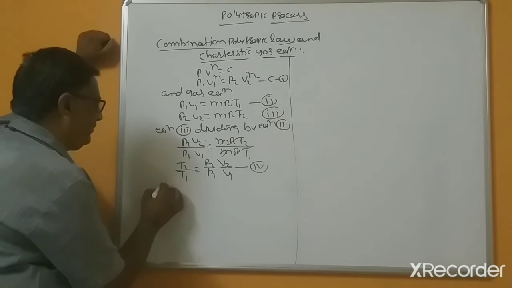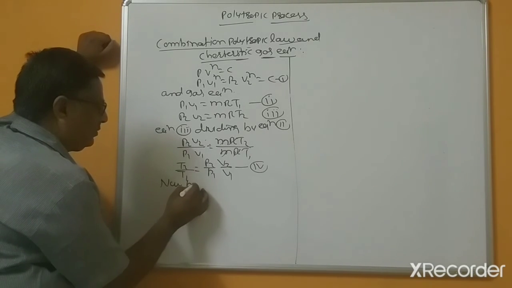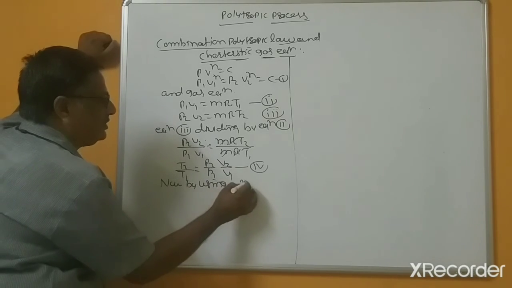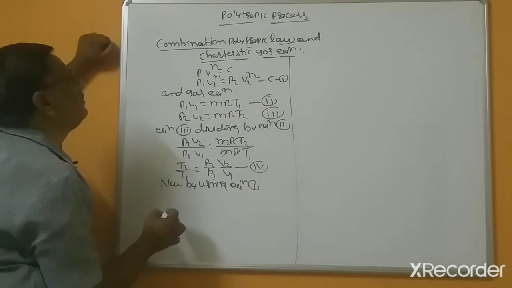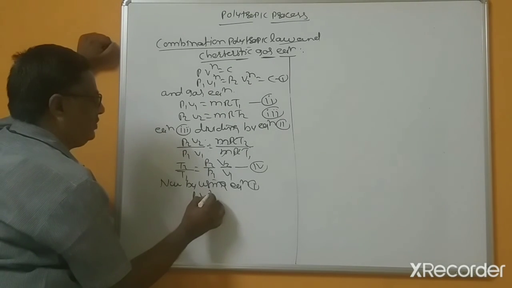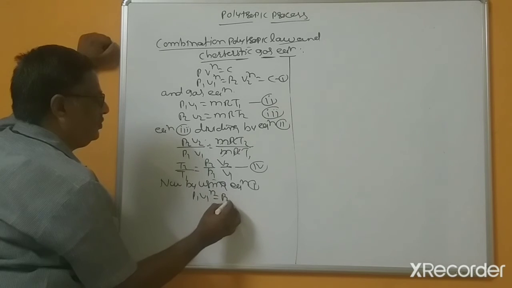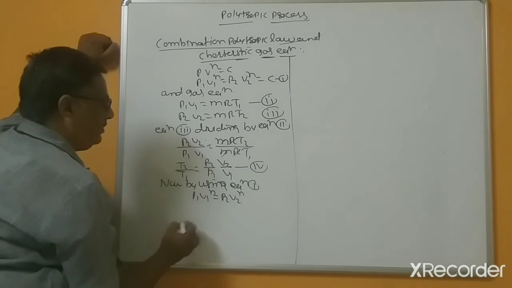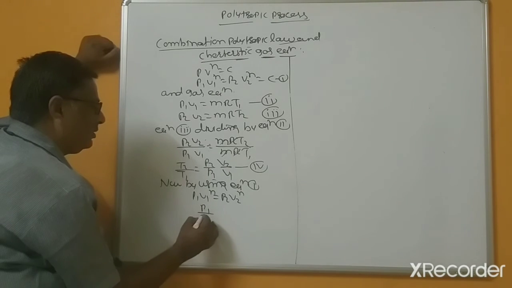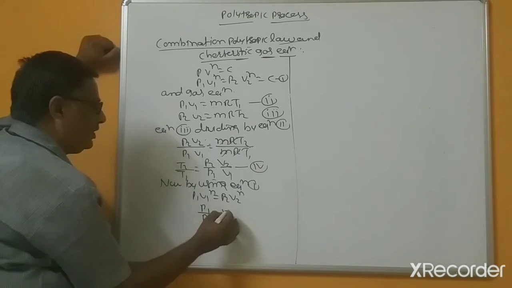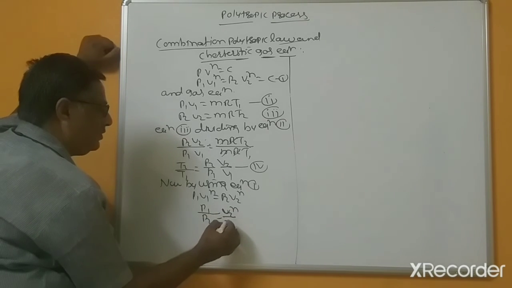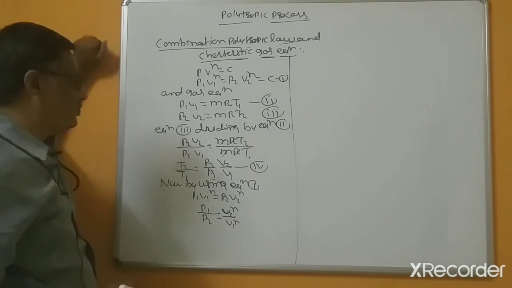Now by using equation first, P1 V1 raised to n equal to P2 V2 raised to n. Same equation we can write, this is P1 divided by P2 equal to V2 raised to n divided by V1 raised to n.